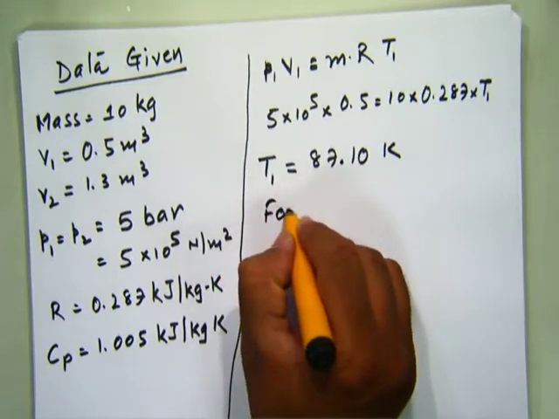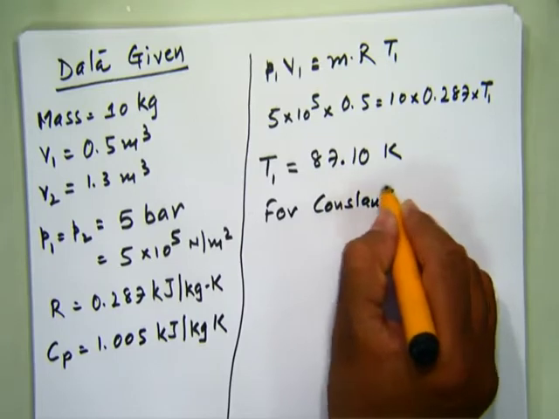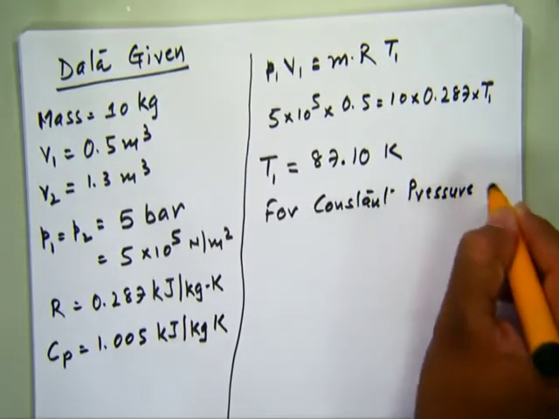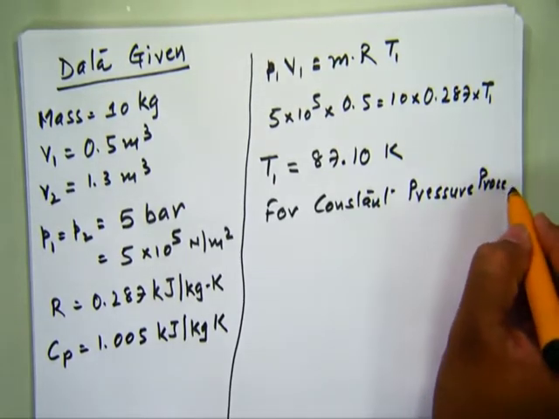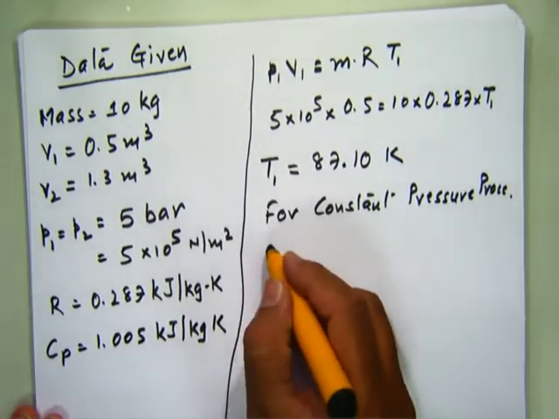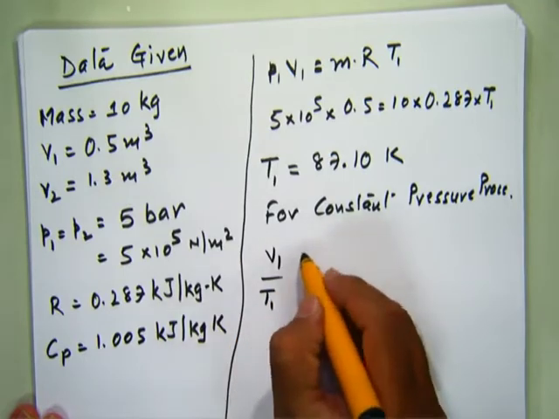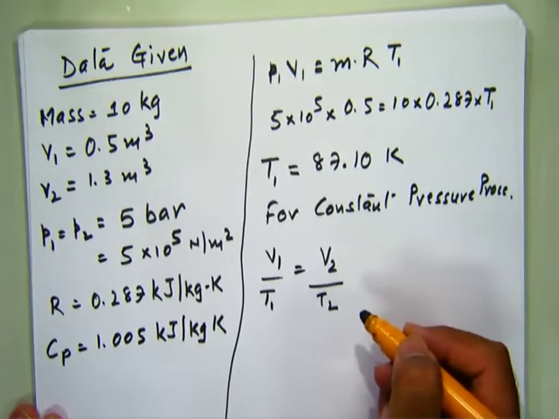Now for the constant pressure process, you have a relationship: V1 upon T1 is equal to V2 upon T2.